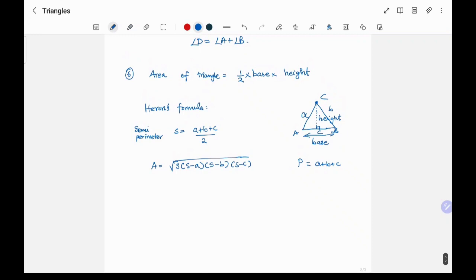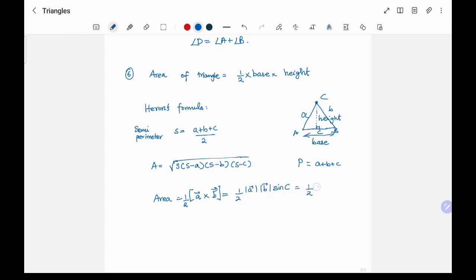Okay. So another method can also be based on vectors. The area between two vectors is given by its cross product. I can take any two sides, let's say A and B, then it is half into magnitude of A into magnitude of B into sine of the angle between them.